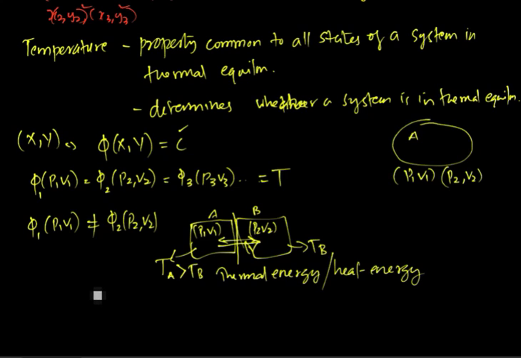If two systems are in thermal equilibrium, there is a common property for those two systems, which is the temperature. So if there is a net flow of heat from one system to another, the temperature difference between the two systems is responsible for this heat flow or thermal energy flow from one system to another.